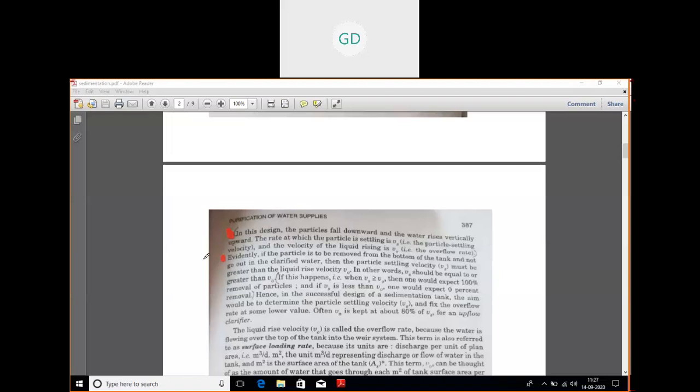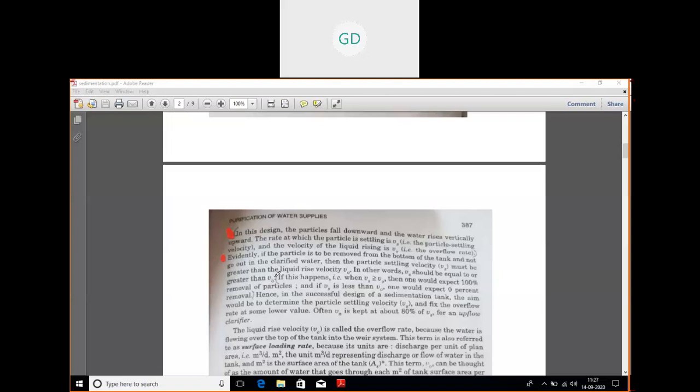So the condition is that the settling velocity must be greater than the overflow rate, or liquid rising velocity V naught. Only then will the settling particles be removed.